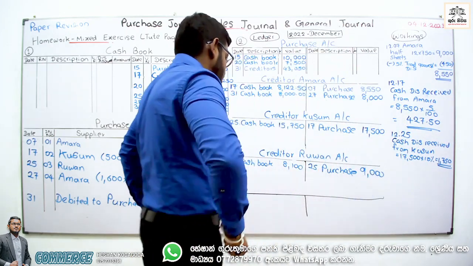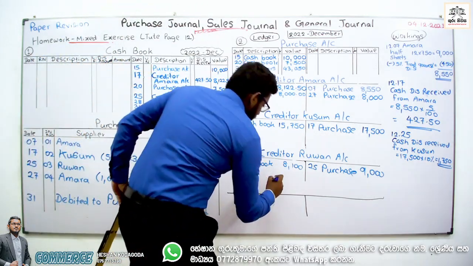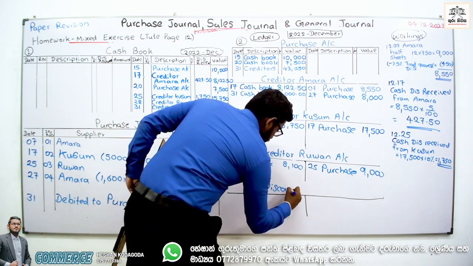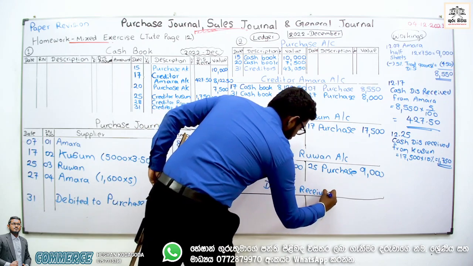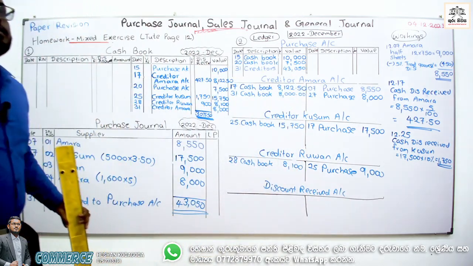This is discount received. Discount received account. It performs only the primary book function.